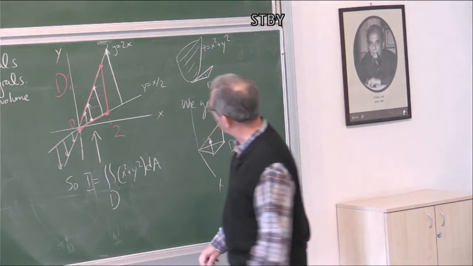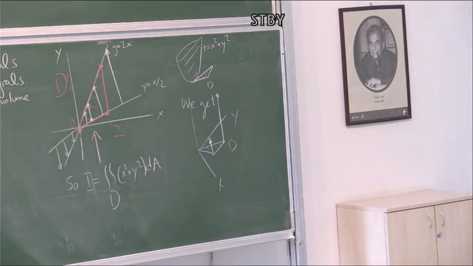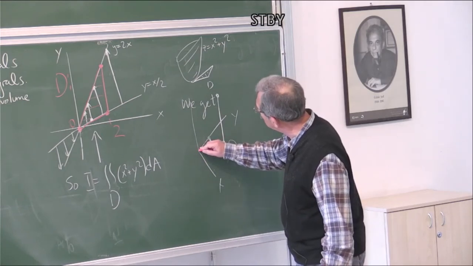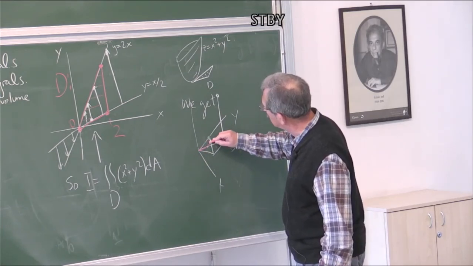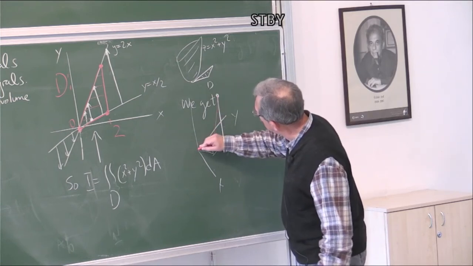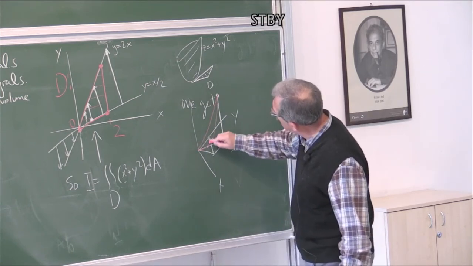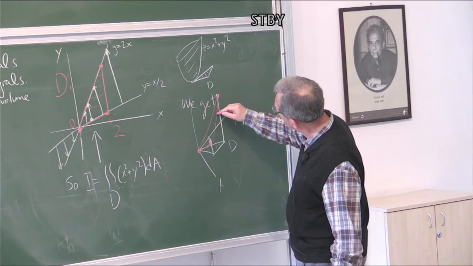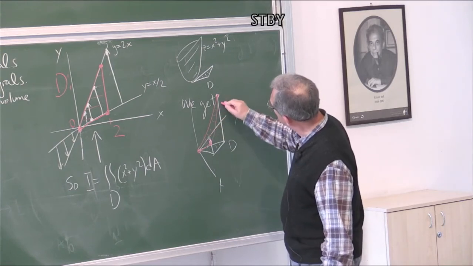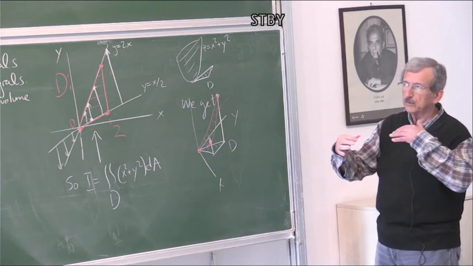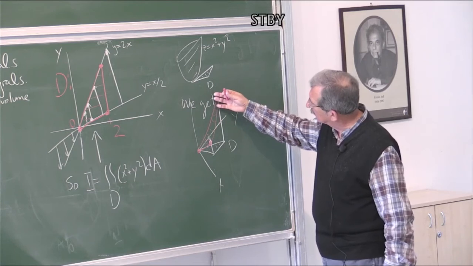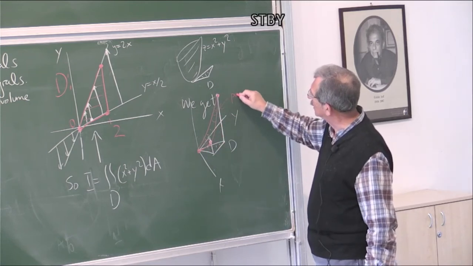And the paraboloid, of course, hits the sides, and you have to use some imagination here. You should get curves here, like this. This is the bounding curve, but it's the paraboloid itself. So this is the paraboloid.